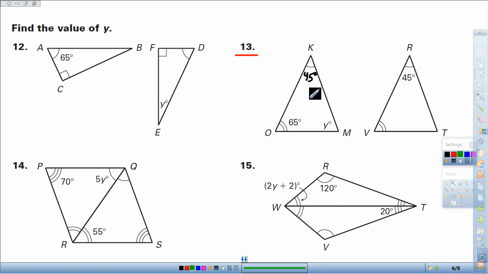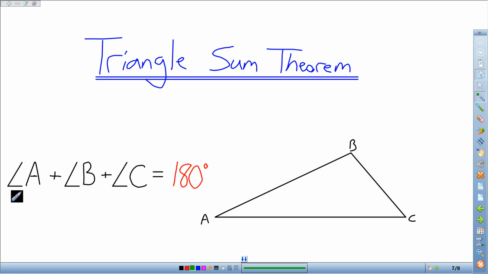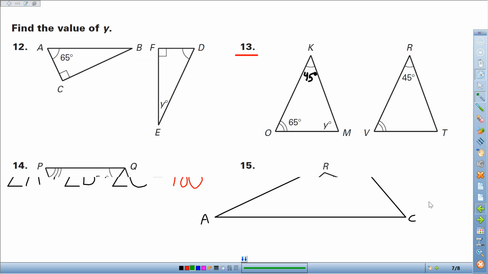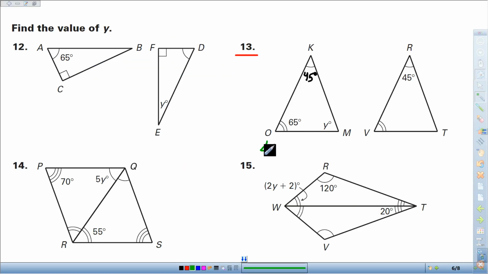It's not necessary to write out an equation, but just for the sake of it, let's write this out for this particular problem. So I know that angle y plus this angle 65 plus this one 45 equals 180. We can just subtract these two from 180 if you want to show that underneath, subtract 65 and 45.